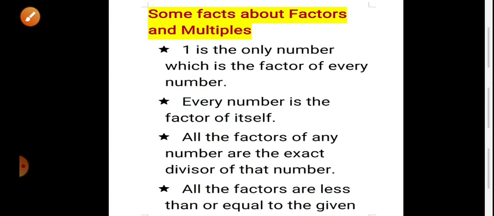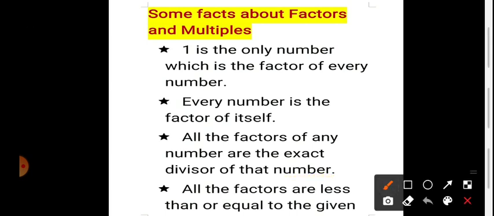So now let's learn some important facts about factors and multiples. 1 is the only number which is a factor of every number. Every number is the factor of itself. All the factors of any number are exact divisors of that number.